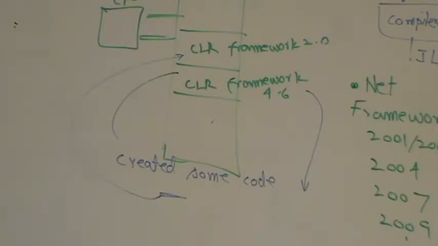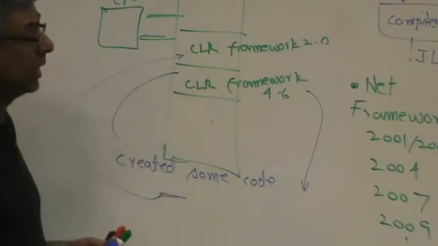As opposed to Java, where only one JVM exists in the memory, so either you target JDK 1.4 or 1.5. So that's one of the advantages, and from the very beginning they designed it this way.